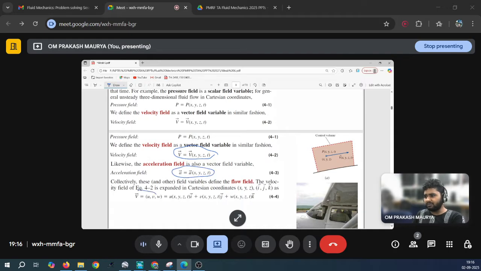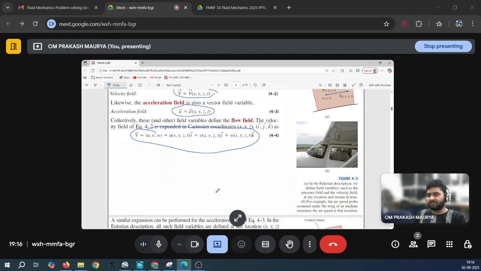Remember this velocity formula, because I'll use it in the question answers. If someone asks you to find the velocity, in three dimensions you have ui plus vj plus wk, so you have these three components.